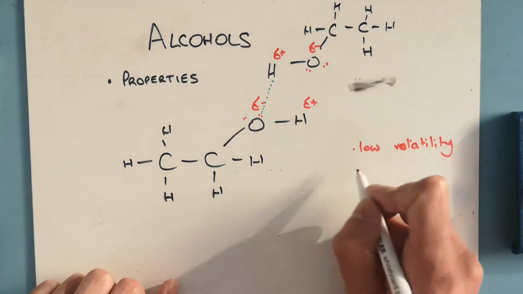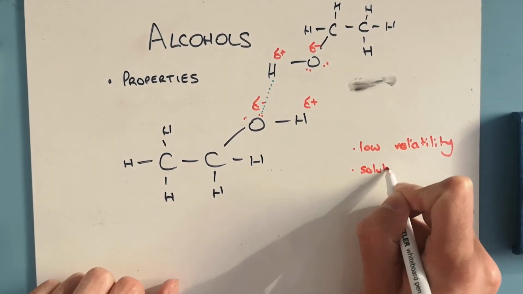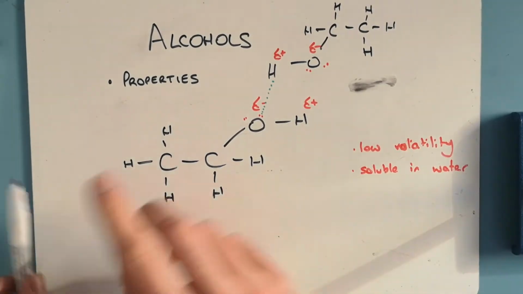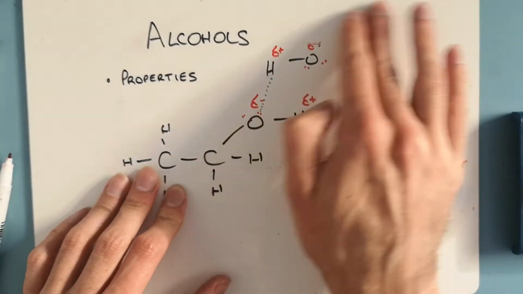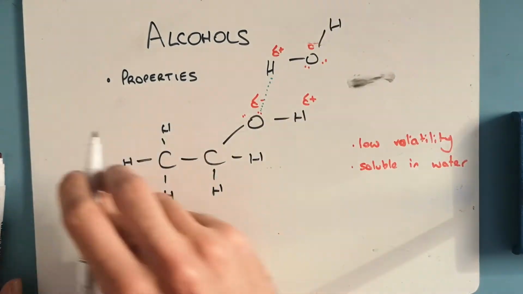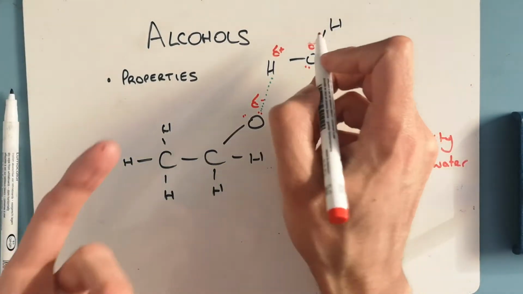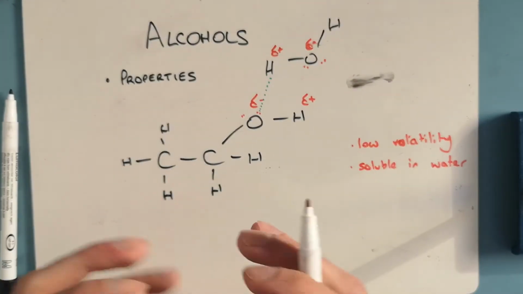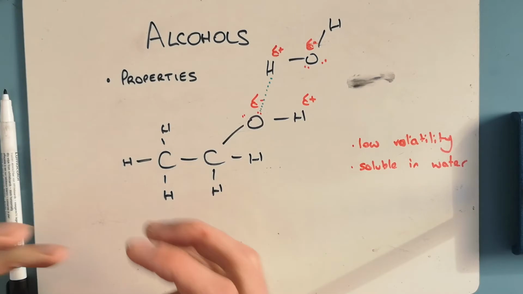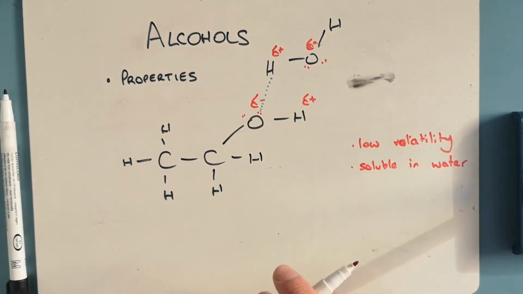It also means they're soluble in water, because they'll do the same thing with a water molecule. They'll form a hydrogen bond with a water molecule, and then that just means they dissolve within it. They can get in between the water molecules and be held there. So they dissolve in water, so they're soluble in water.